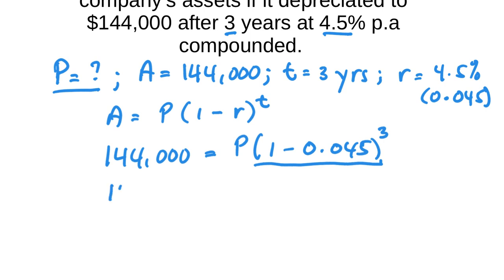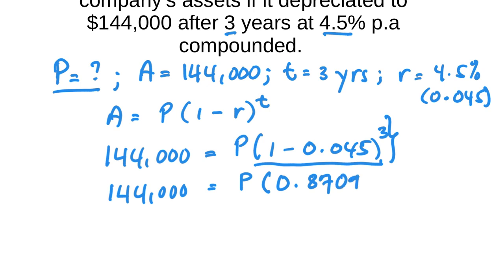Here it's going to be 144,000, the same thing. However, in this case, we're going to have the principal multiplied. Once you have simplified this part, it should give you at least 0.983875. Okay, it's a very long number.